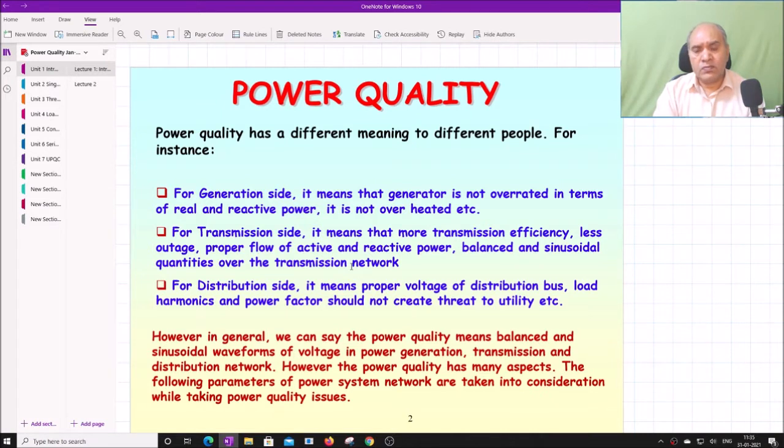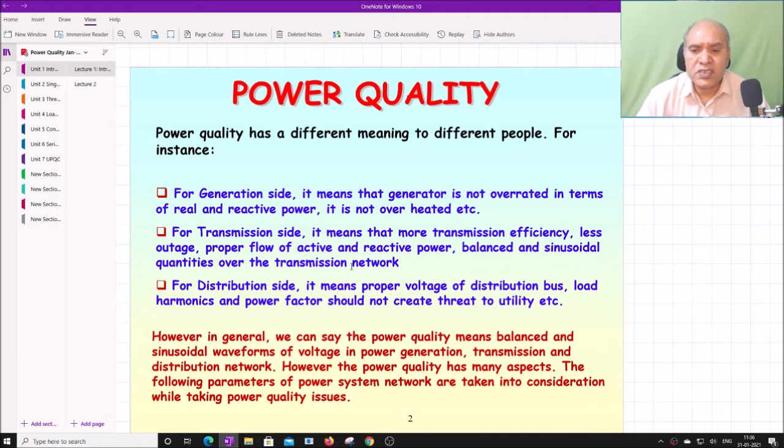If you look from the generation point of view, power quality may mean that the generator is not overrated in terms of the real and reactive power, it is not overheated, and it is well protected against faults. For the transmission side, it means more transmission efficiency, less outage, proper flow of active and reactive power, and balanced and sinusoidal quantities over the transmission network.